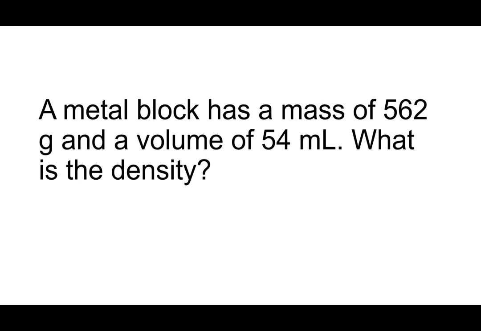Let's now go through and do a couple of examples to see how we calculate density. This says a metal block has a mass of 562 grams and a volume of 54 milliliters. What is the density? Well, it's looking for density, so I use my equation for density.